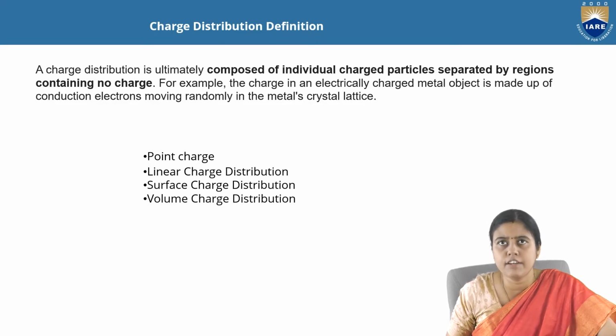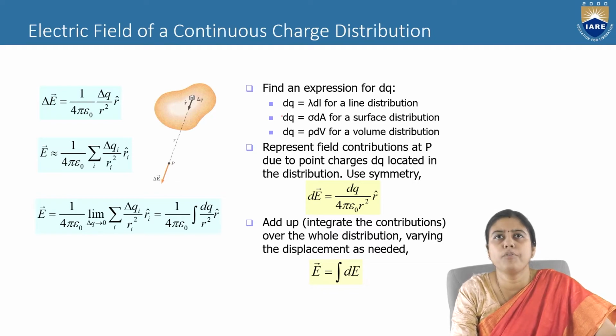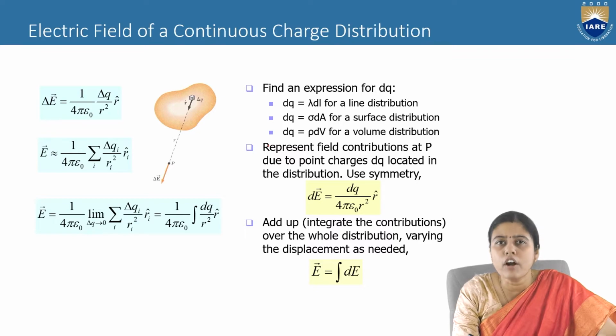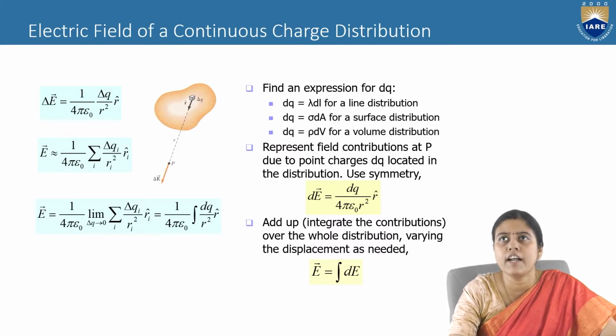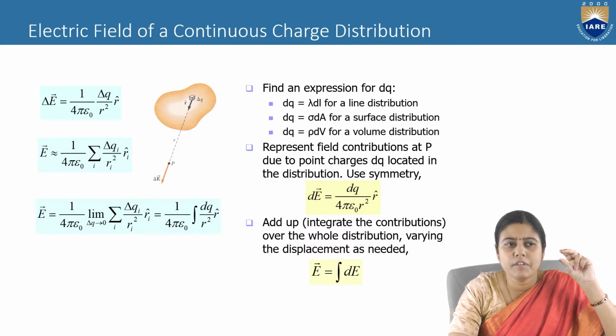As we discussed in the previous slide, there is a continuous charge flow, and when there is a continuous charge flow, we cannot calculate for a single charge. We have to calculate for a small element.